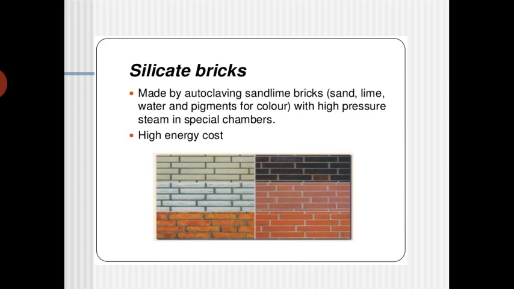A minimum of 900 to 1200 degrees centigrade is required for burning these bricks. So high energy cost is required, because burning at 900 to 1200 degrees centigrade, for 1 hour you are going to lose a minimum of 20 to 30 units of power.